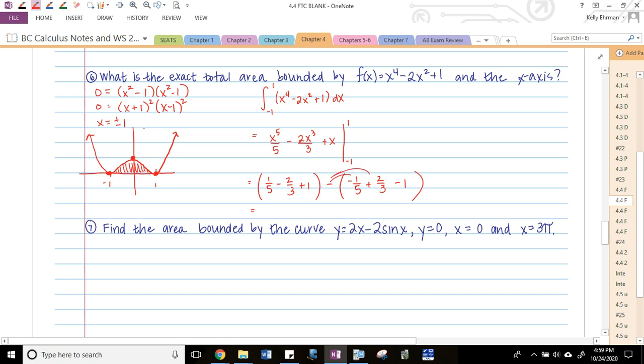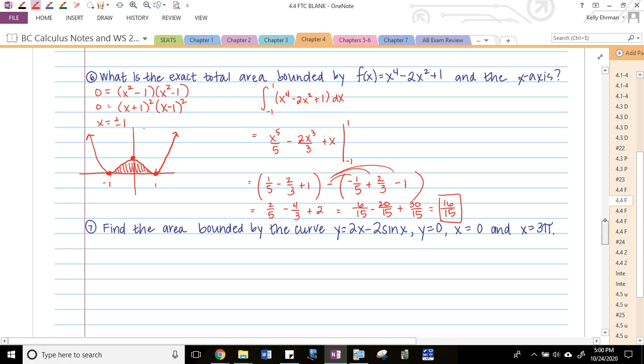When I distribute this negative through, I'm going to get positive 2/5. Negative 2/3 minus 2/3 is minus 4/3. 1 plus 1 is plus 2. And then it's 6/15 minus 20/15 plus 30/15. So 16/15, yes, is my net area.